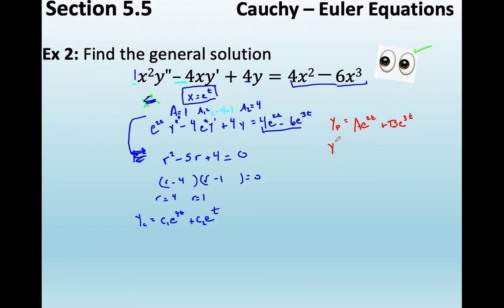And then take the first derivative. The second derivative. Substitute in.